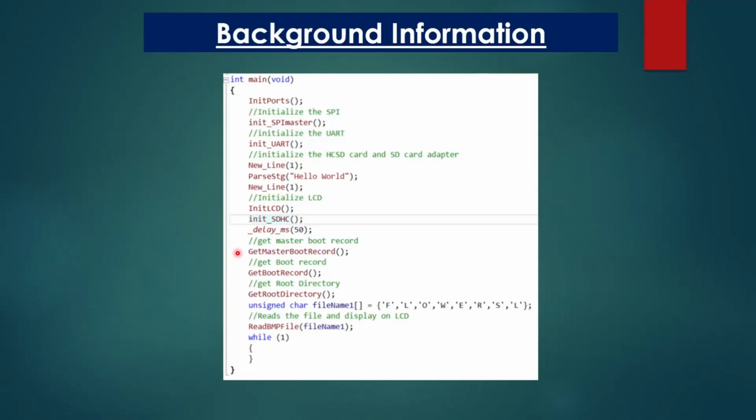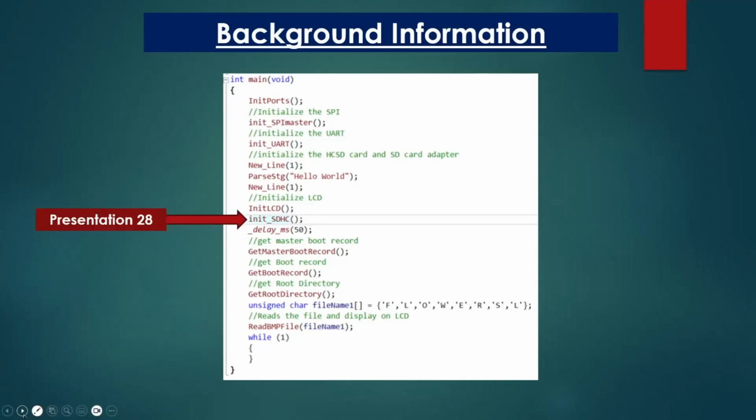Next, we have to get the master boot record. We need to get the boot record. Next, we need to get all the way to the root directory. Once we get to the root directory, then we're going to find our file information table, which is going to give us the location of our file, and then we can go get the file and render the picture.